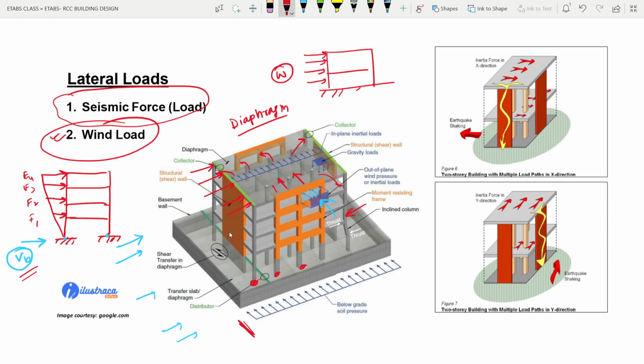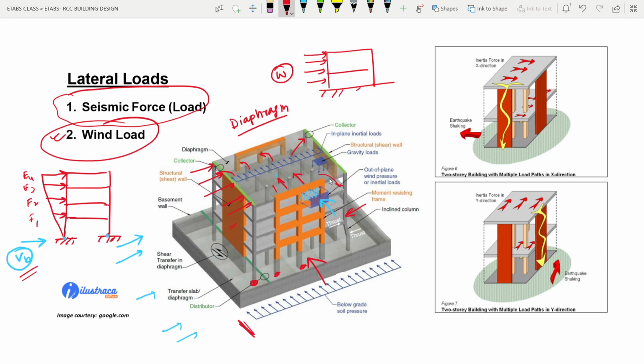Here you can see the shear wall also. If the force is coming from this direction, it will also be restricted by the shear wall. Restricted means the force will be transferred to the shear wall, and it will take care of the lateral load.